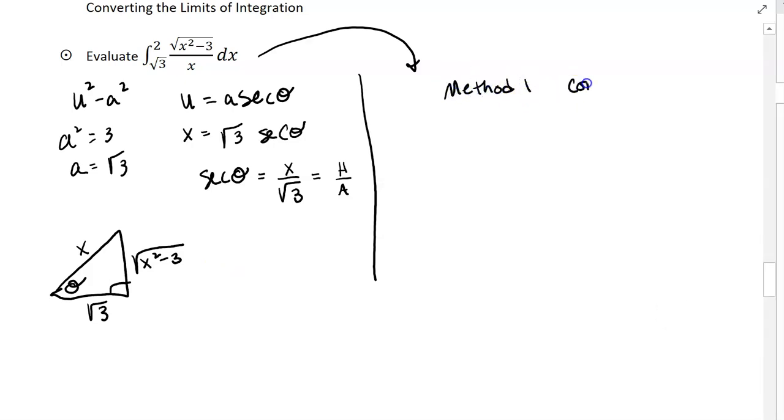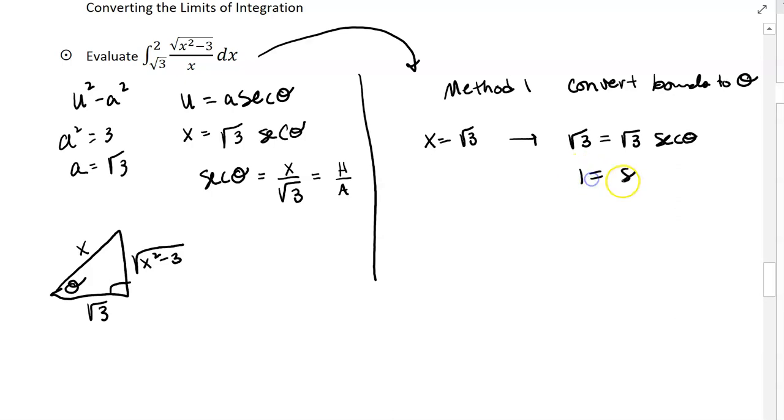we're going to convert our bounds to theta. So the way we deal with this, if x is equal to the lower bound, the square root of 3, plugging that in here, x equals square root of 3 secant of theta, that would give me square root of 3 equals the square root of 3 secant of theta. And another way to say that is 1 equals the secant of theta.